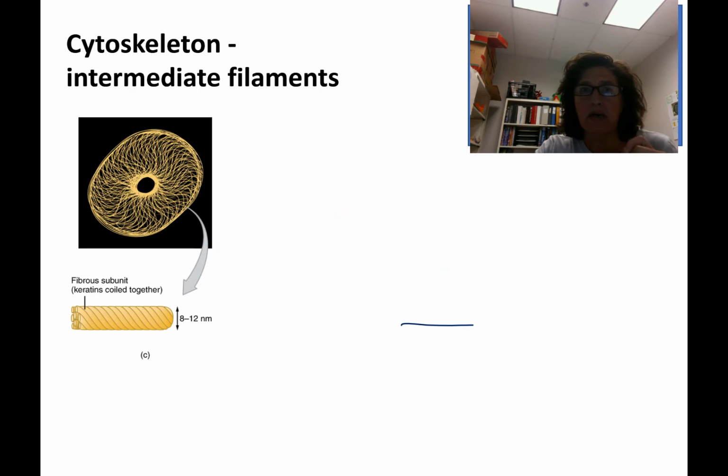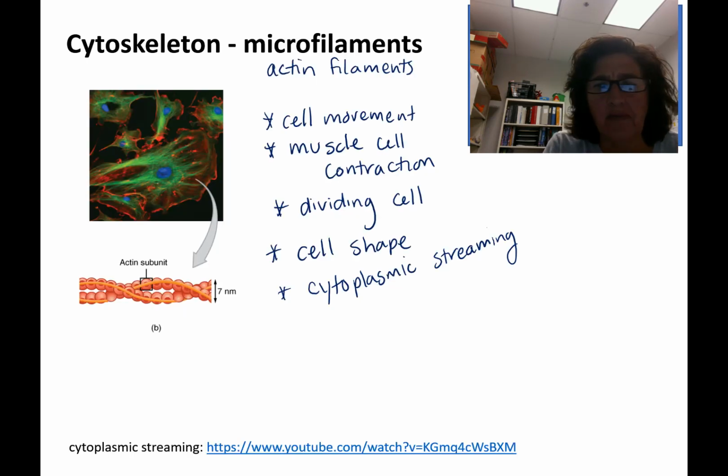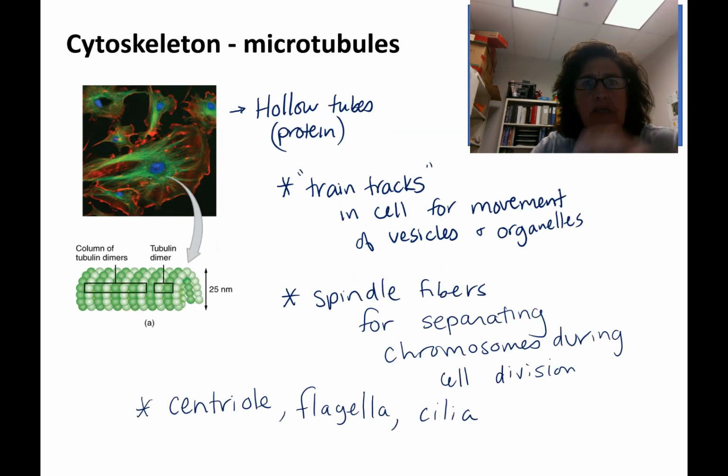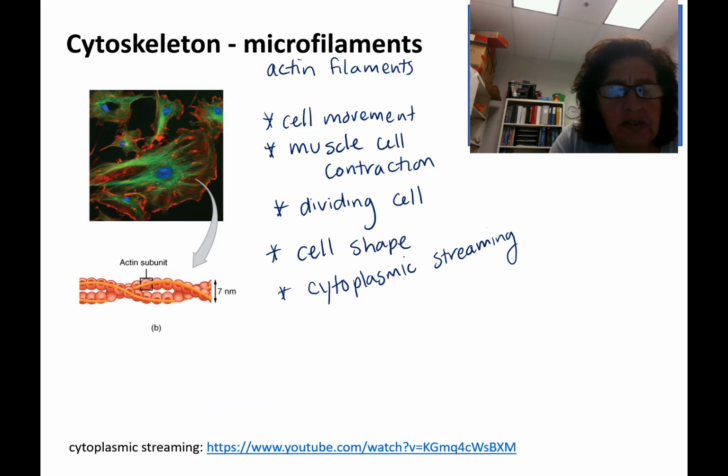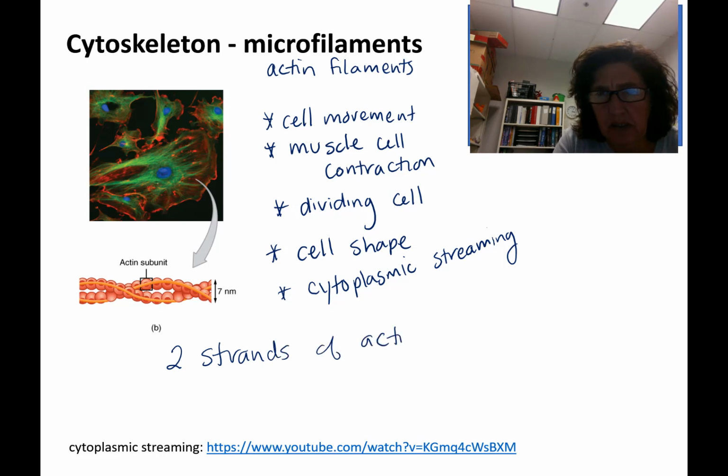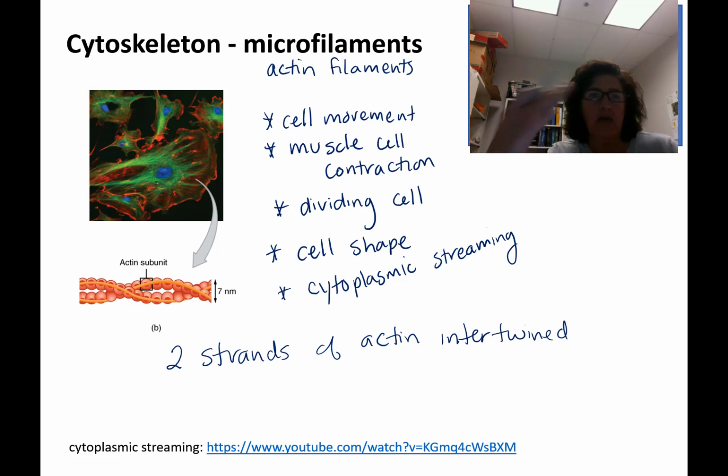And so a description of these, we said hollow tubes. This is two strands of actin intertwined. That's how you would describe it and recognize it. So if you see just two strands, that's a microfilament.